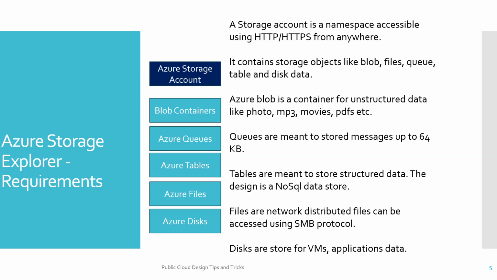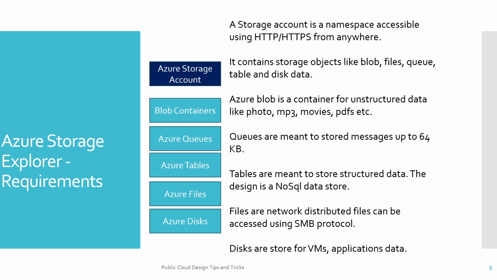Tables are meant to store structured data, but the underlying infrastructure is a NoSQL data store for the table. And files is a distributed network file system that can be accessed using the SMB protocol.